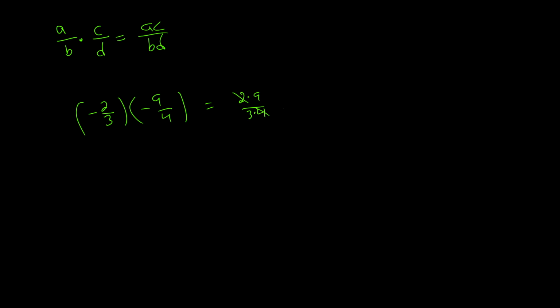But notice, those will cancel, and those will cancel. Alright, that gives me a 2 down there, and a 3 up there, or I get 3 halves. And I could write this as a mixed number, as 1 and 1/2. I personally prefer improper fractions, because that's how I use them, but we tend to speak this way.